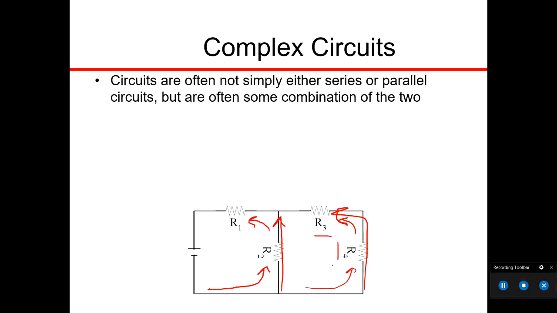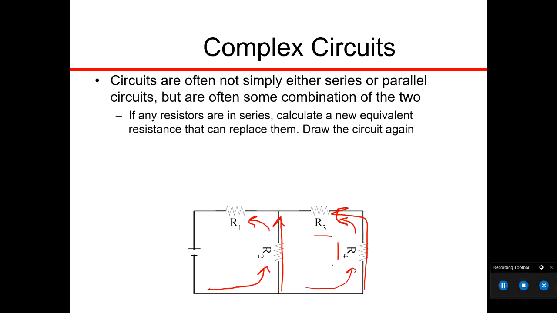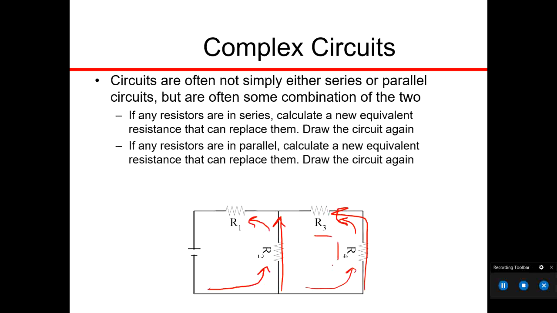So how do we solve something like this? There's a few steps you can do. Step one is look at your circuit. If you have any resistors that are in series, calculate what we call the equivalent resistance, and then draw a new circuit. So I'll show you this in a second, but that's step one. So get everything that's in series solved first. Then solve anything that you can solve with resistors in parallel.